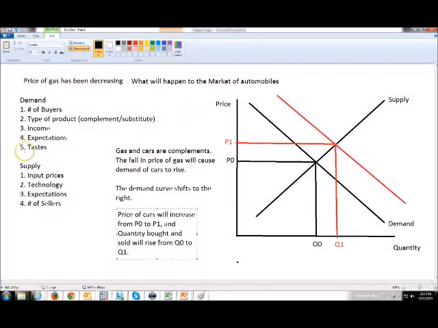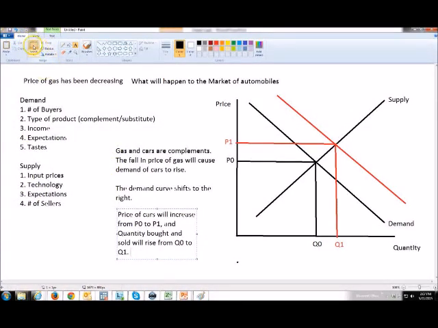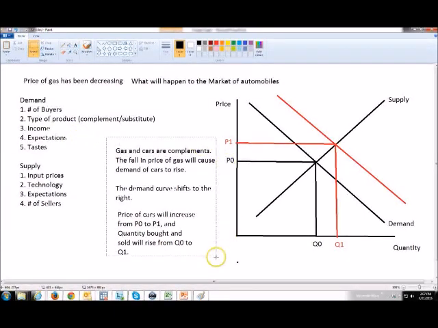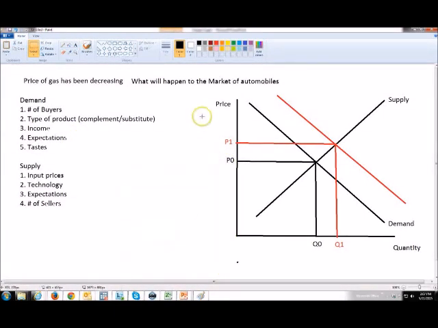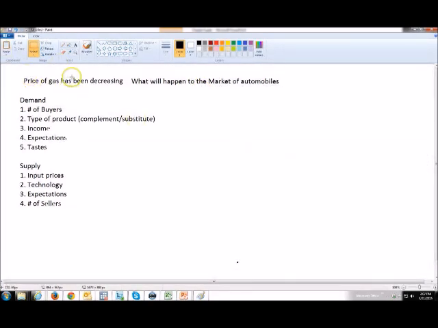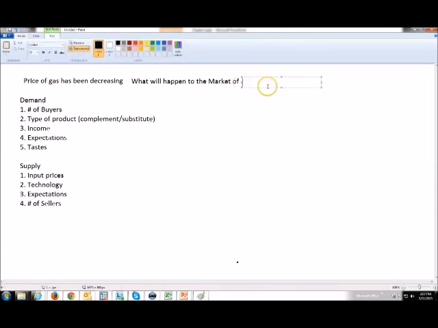Now let's say we want to answer the other one. So let's delete all this. Okay, let's also delete all this. So we want to know, the price of gas has been decreasing, what will happen to the market of, the other question was, electric vehicles?